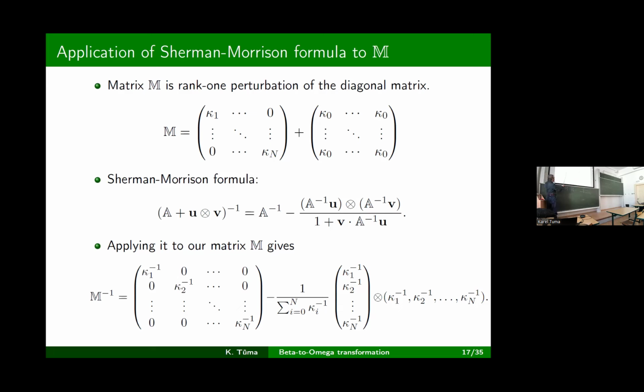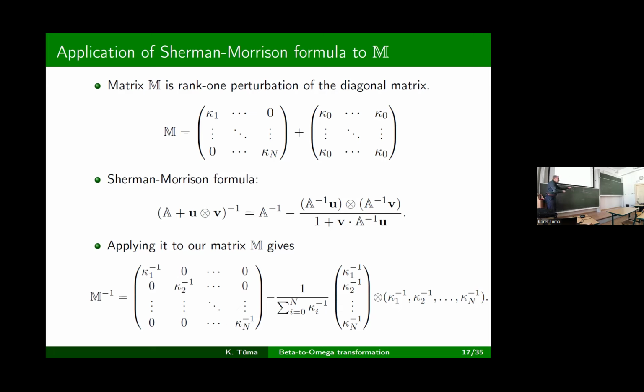We have some matrix A plus U tensor product B, and the inverse of this is computed as A inverse plus this term. For the diagonal matrix, you can easily compute A inverse, and the second matrix can be written as the tensor product of the vector of all kappa zeros and the vector of all ones. If we insert it here, we can easily compute that M inverse is the inverse of the diagonal matrix plus this part.